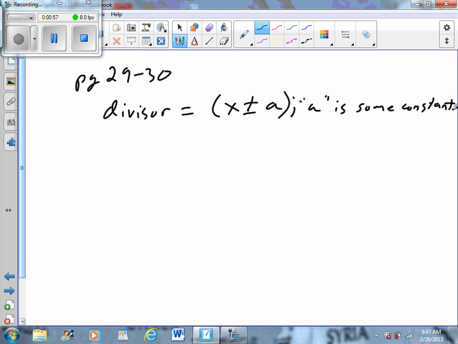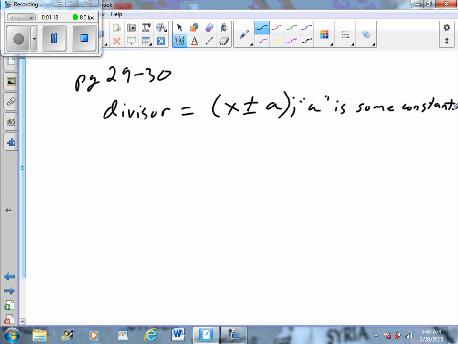And x is not raised to the second power or the third power, but raised to the first power. The coefficient of x is a 1. When your divisor looks like this, then you can do a compact form of division called synthetic division. And the way it would work basically is like this.